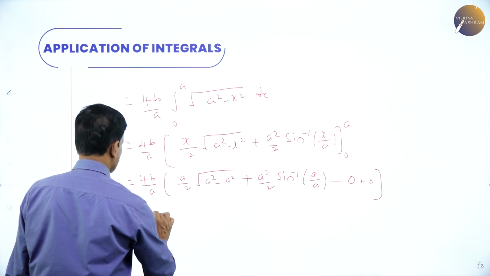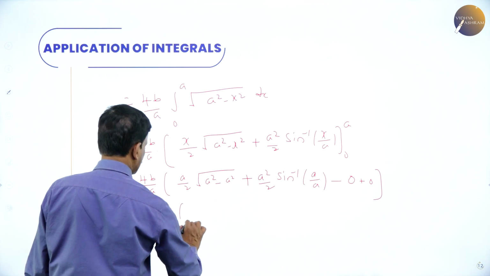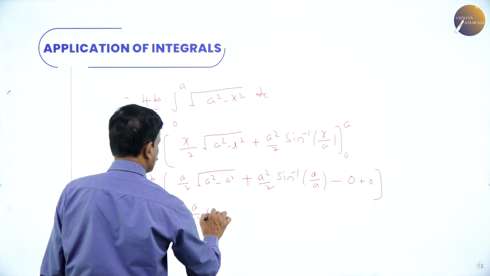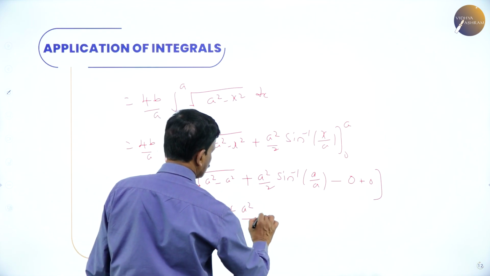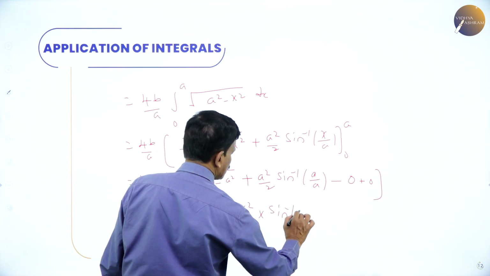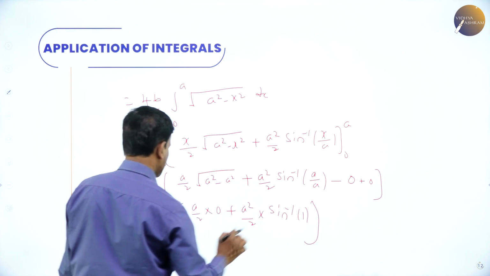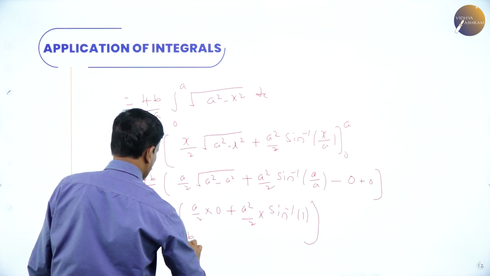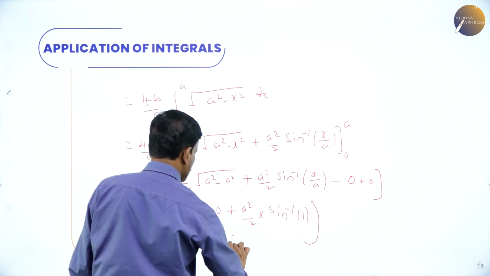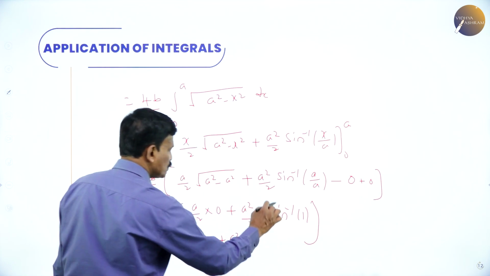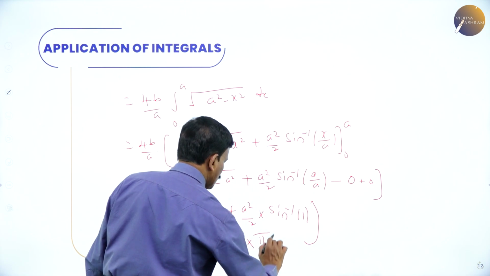Now this is equal to 4b by a into a by 2 root of a square minus a square is 0, plus a square by 2 into sine inverse of 1. Remaining quantities are 0. So this is 4b by a into any number into 0 is 0, plus a square by 2 into sine inverse of 1 is pi by 2.